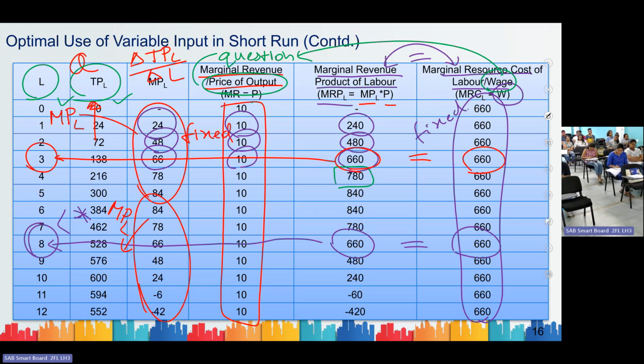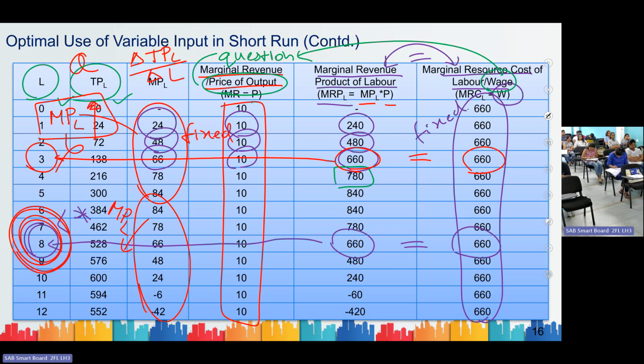As we learned from theory, a rational producer will operate only in stage 2. So therefore, 8 is the optimum level of labor, not 3. Because 3 units of labor is located where MPL is increasing, which is not stage 2. 8 units of labor is located where MPL is declining, so 8 units of labor lies within stage 2.